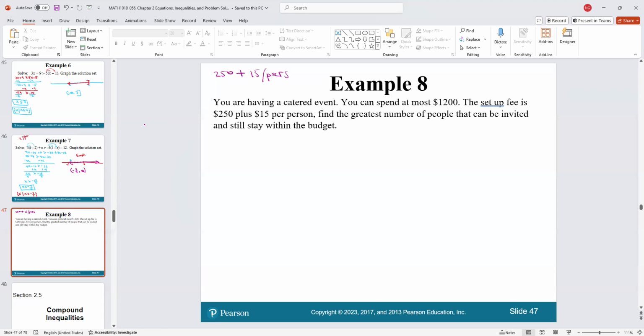But because you don't know the number of people, let x represent the number of people.